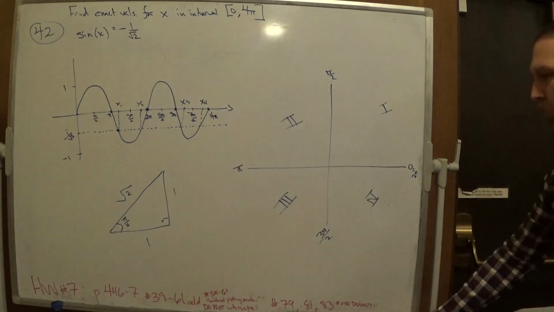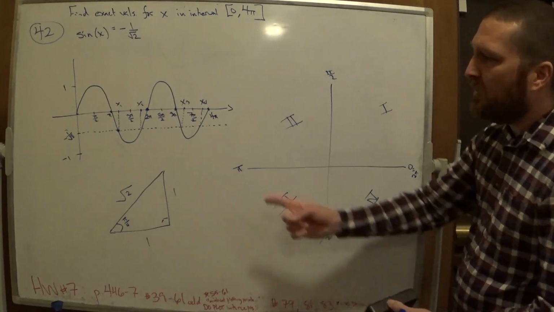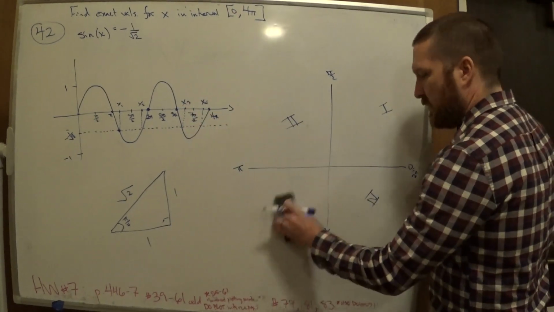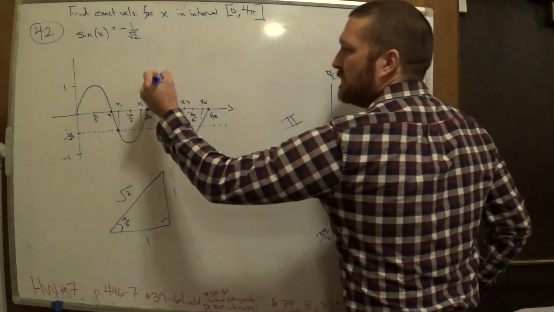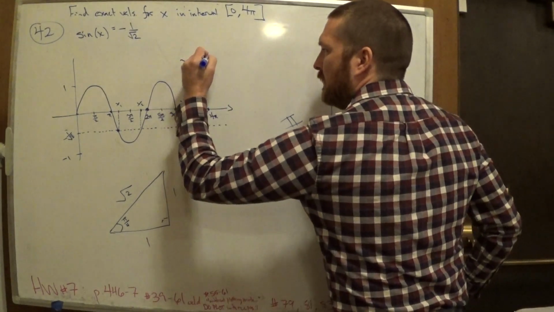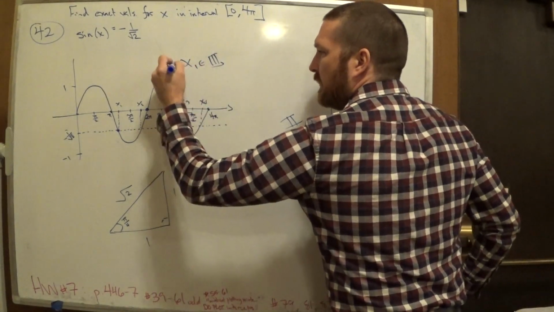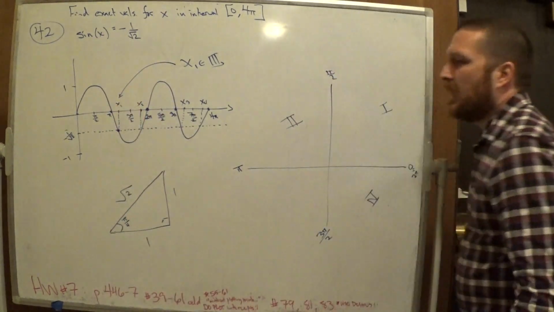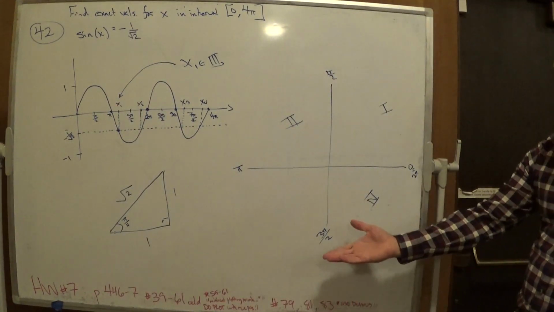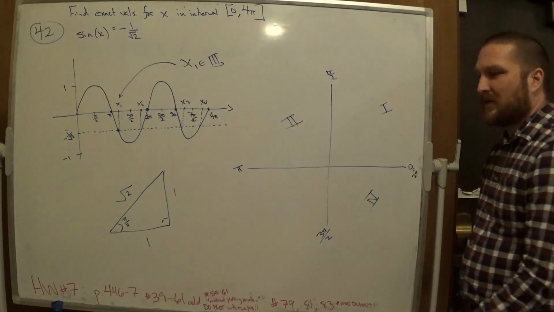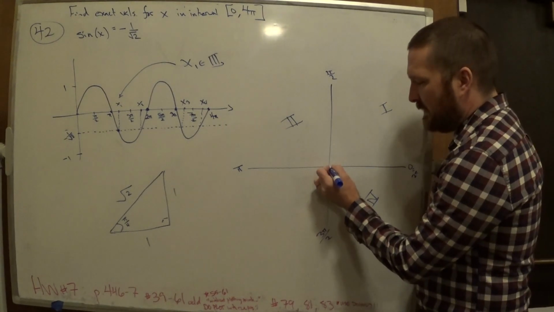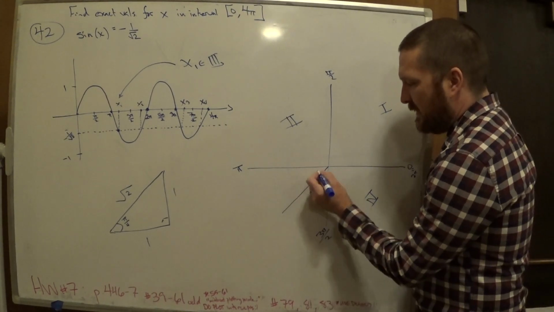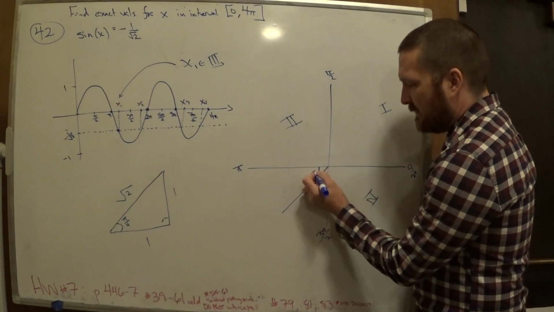And so, now I'm going to think, well, I know that x1 is in quadrant 3, right? That's what this means right here, that x1 is in quadrant 3. And so I could say, coming back to the reference angle, it must be that this bit right here has my pi over 4.